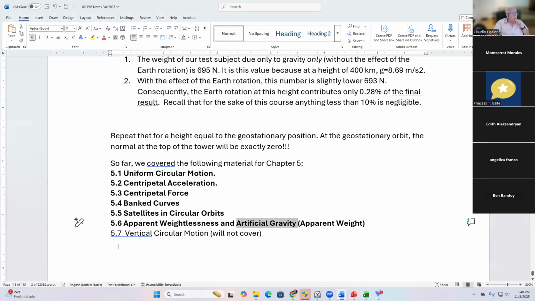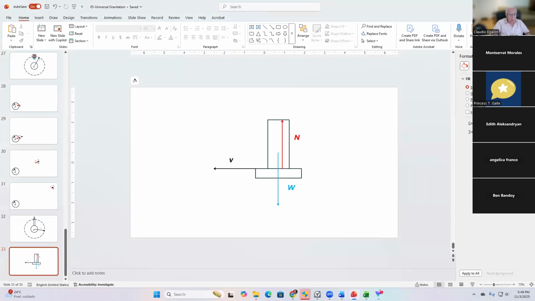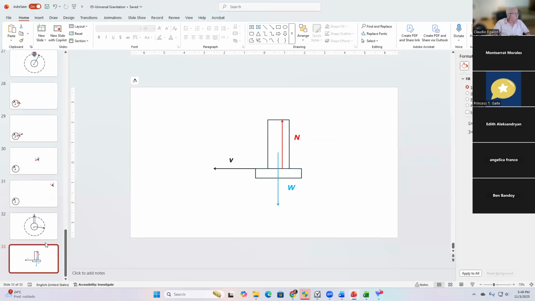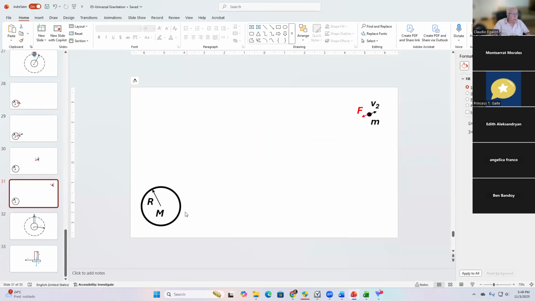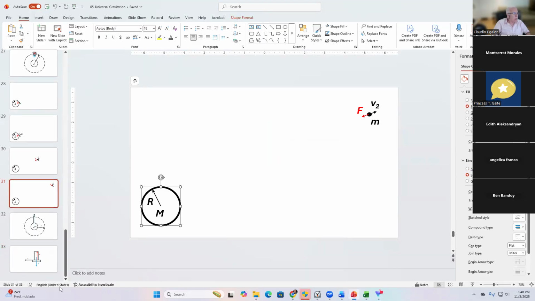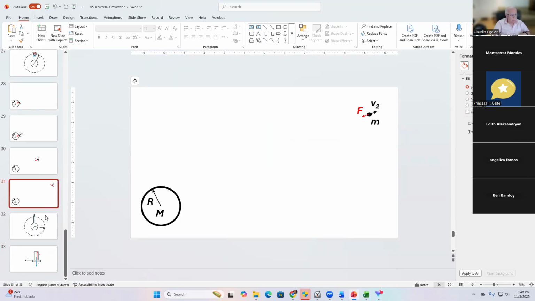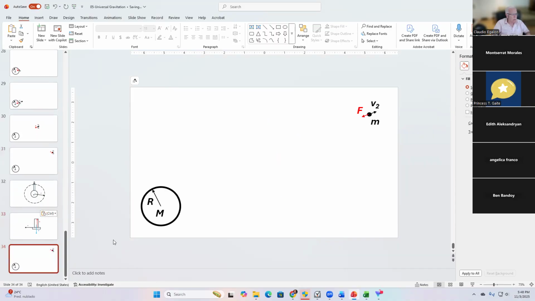I'll let you read on your own how you can rotate a space station to produce artificial gravity. It's the same idea. If you watch science fiction movies, people talk about rotating a space station to produce artificial gravity.